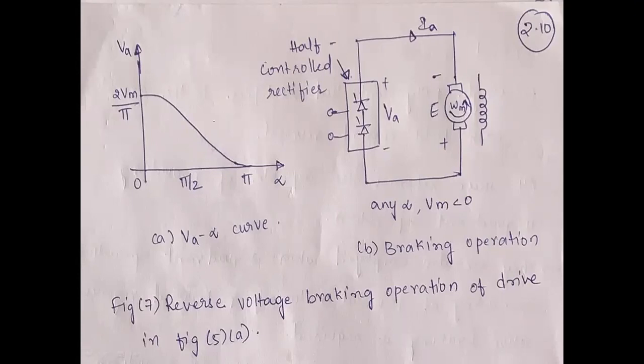The multi-quadrant operation is achieved by using regenerative braking. In these drives, current control is always there to provide a limit, so the current always stays within a safe zone during transient operations.